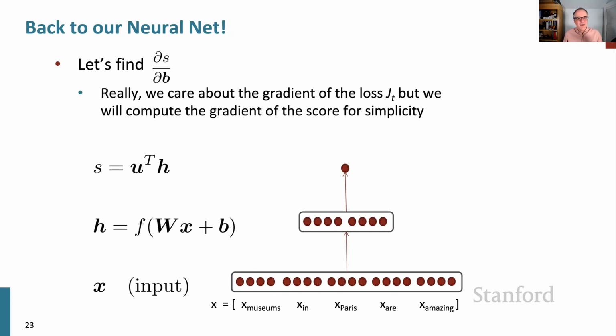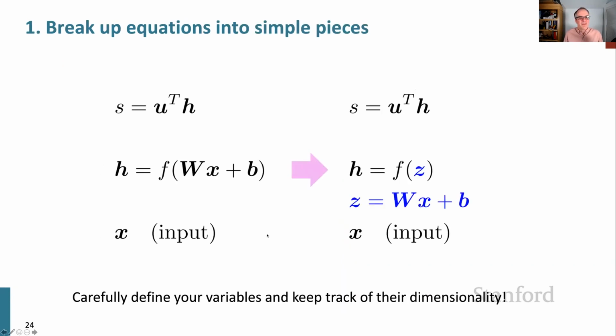Okay, so how do we go about doing these things? The first step is we want to break things up into different functions of minimal complexity that compose together. In particular, this neural net layer H equals F of Wx plus B is still a little bit complex. So let's decompose that one further step.